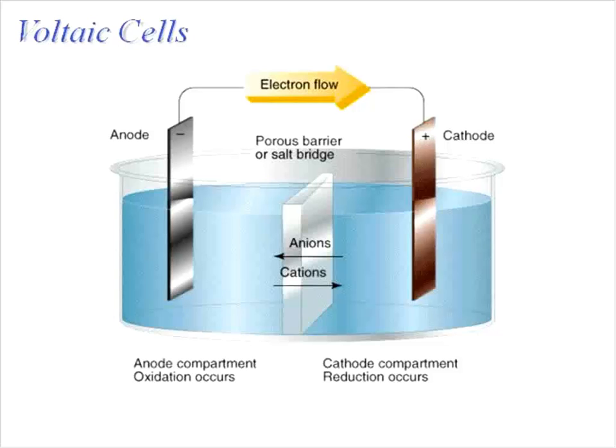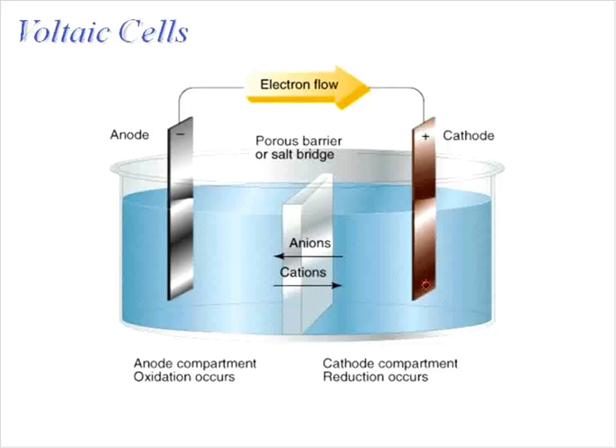This is a highly simplified diagram. Cathode is positive, anode is negative. Electrons flow from anode to cathode. Negative ions flow from cathode to anode, and positive ions flow from anode to cathode.